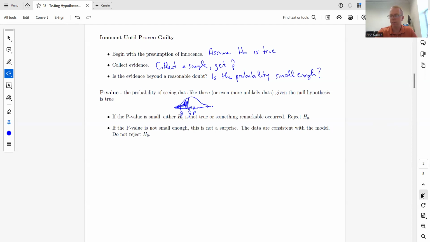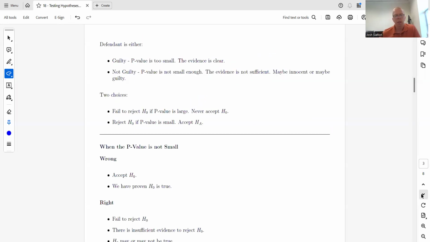So once you collect evidence and you get a probability, if the person is innocent, what's the probability that all of these other things are true? The defendant is either guilty, which means the p-value is small and the evidence is clear, or not guilty, meaning the p-value is not small enough and the evidence is not sufficient.